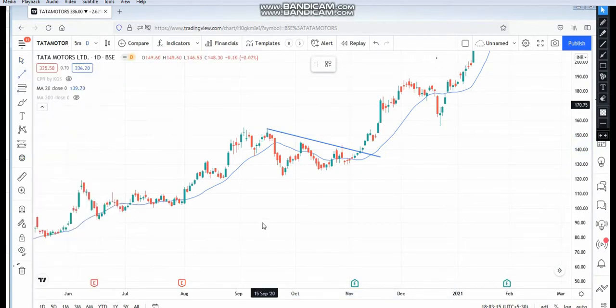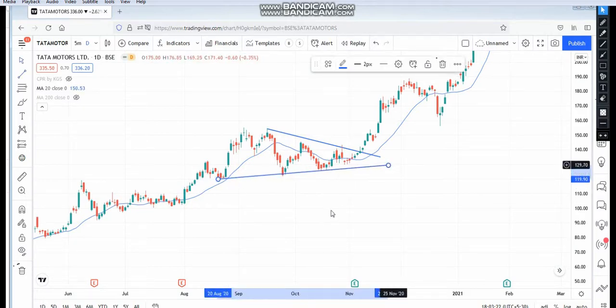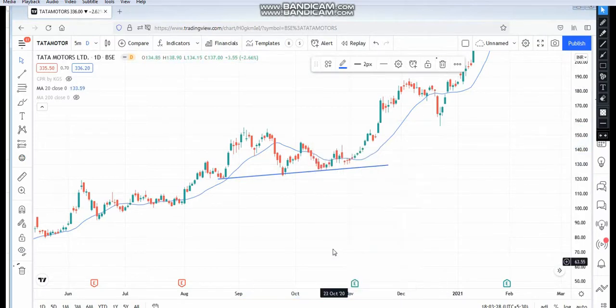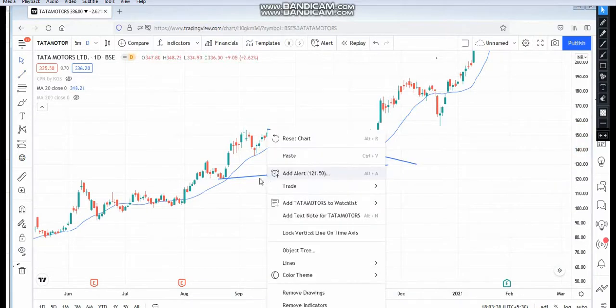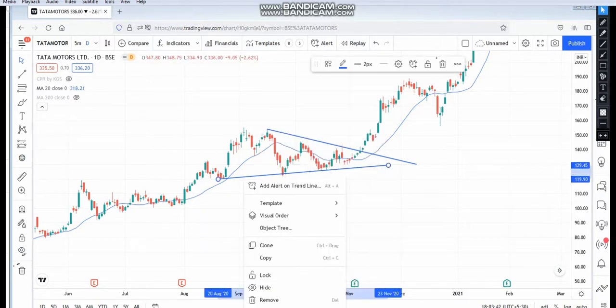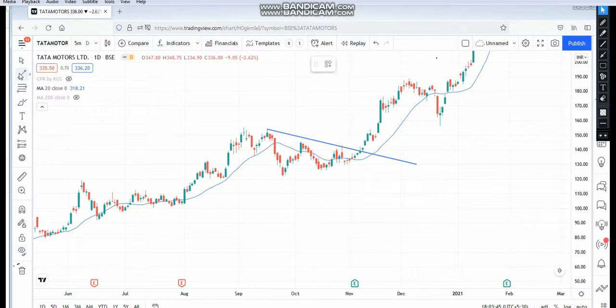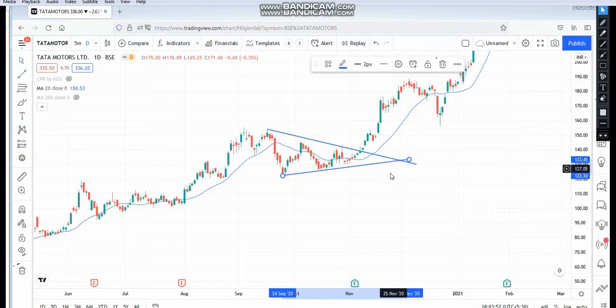So like that we are going to connect all the support lines.